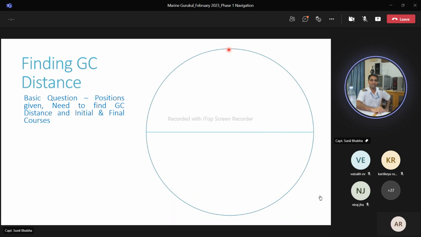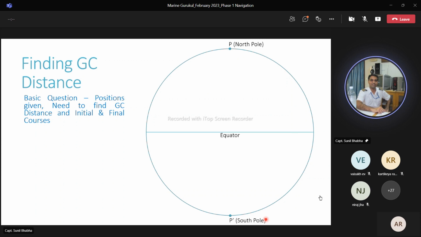Let's show the equator also. You can see the equator in our plot. Now let's plot the initial and final positions as well as the poles in this diagram. You can see the North Pole at the topmost location, and you can also see the South Pole being marked in the diagram.